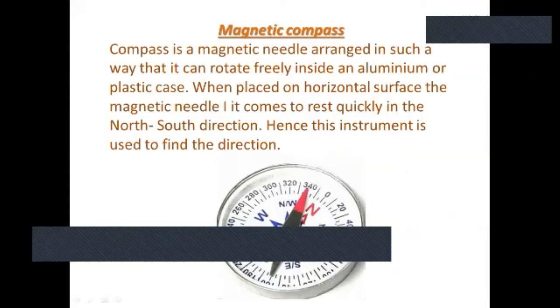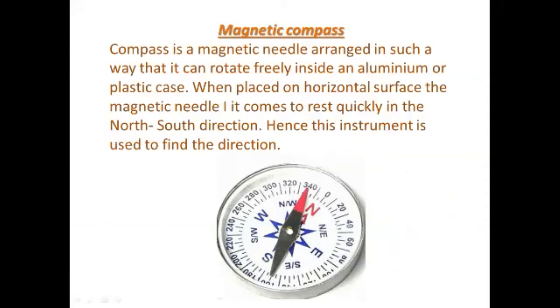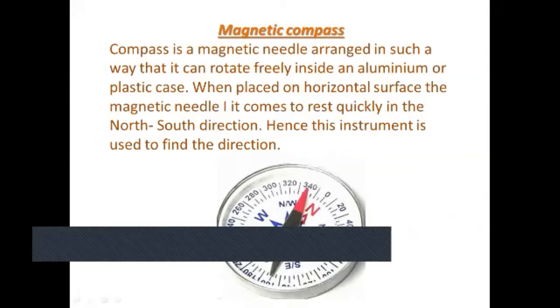A compass is a magnetic needle arranged in such a way that it can rotate freely inside an aluminium or plastic case. When placed on a horizontal surface, the magnetic needle comes to rest quickly in the north-south direction. Hence, this instrument is used to find direction. So this is the magnetic compass and this is its use.